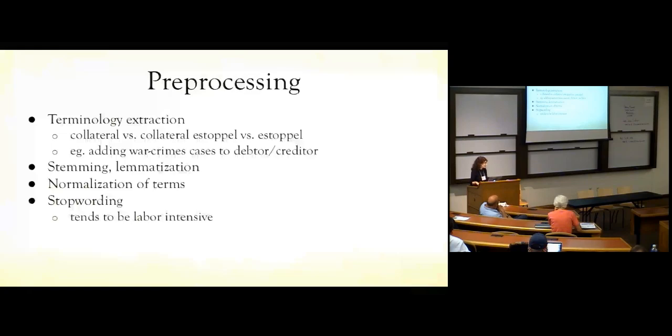So for pre-processing the documents in the corpus, there are a number of things that you can do in order to get the corpus into shape so that the ultimate model will be a little bit better.